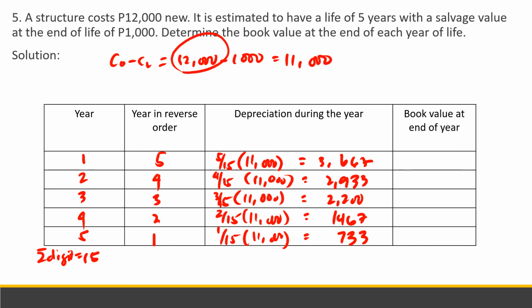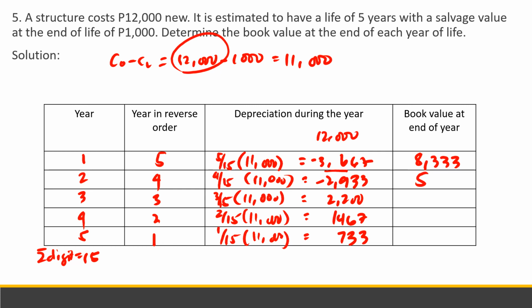So that is 12,000 minus 3,667 is 8,333. Then minus 2,933.